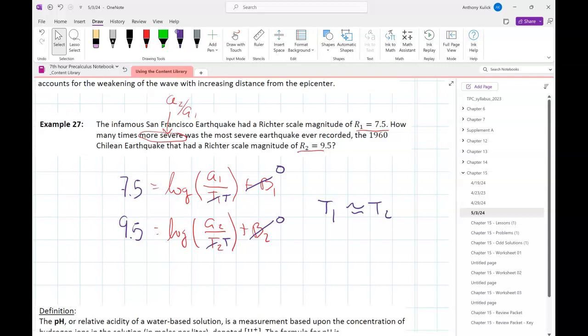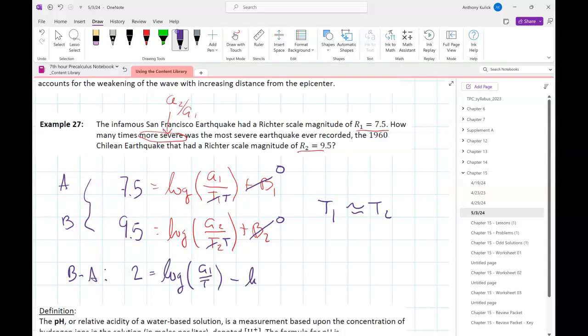So what I'm going to do now is assume this is equation A and equation B, and I'm going to just do equation B minus A. So 9.5 minus 7.5 is 2. Everybody's okay there?